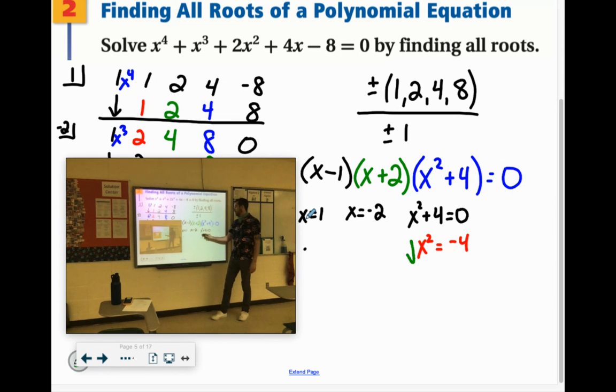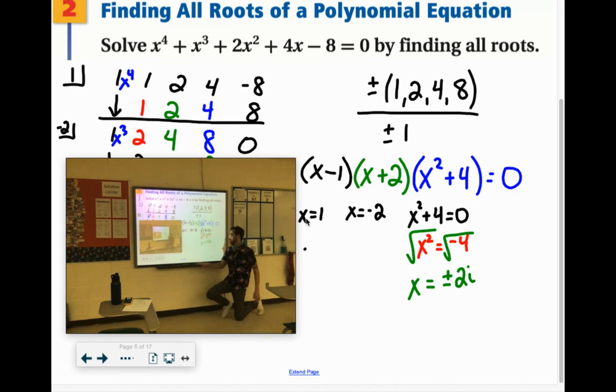Now you can't square root negative numbers normally, but with the complex number system, you sure can. Yes, sir, can. So the square roots of -4 would be plus or minus 2i. Now that gives us 2 more zeros, plus 2i and minus 2i.